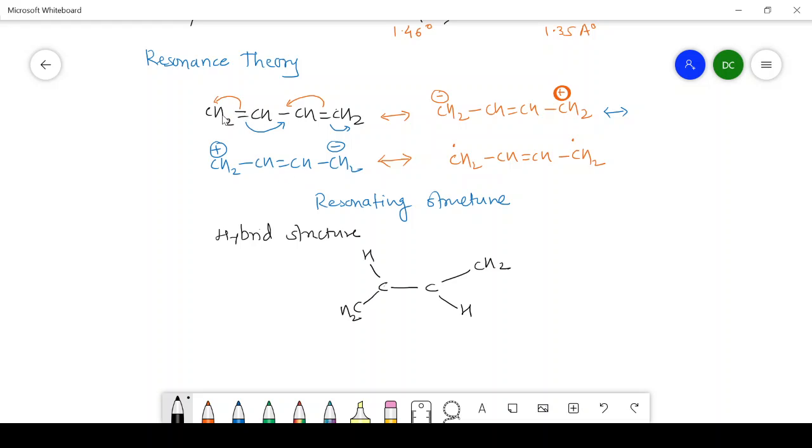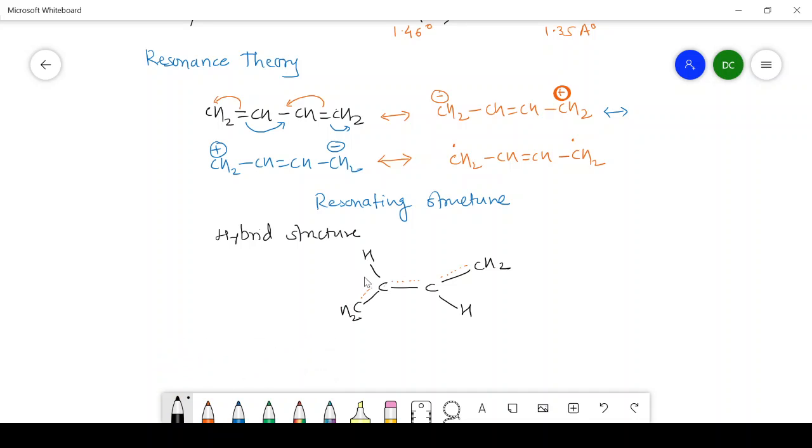They are moving over the chain, and that's why we can write here, instead of a fixed double bond, dotted bonds, and that indicates they are moving over the carbon chain. In this way, we can write a hybrid structure of 1,3-butadiene.